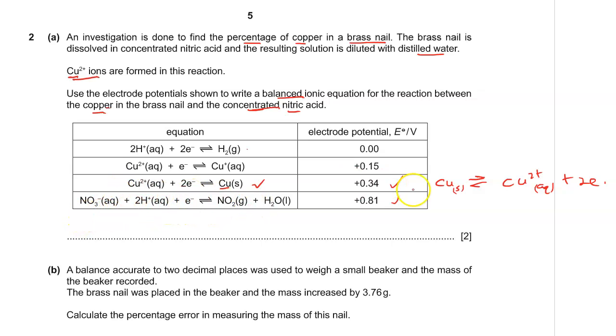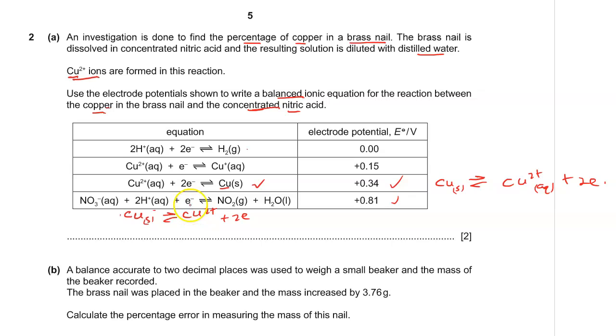So we will basically be adding, let me write this equation here, copper solid gives us copper 2 ions plus 2 electrons.